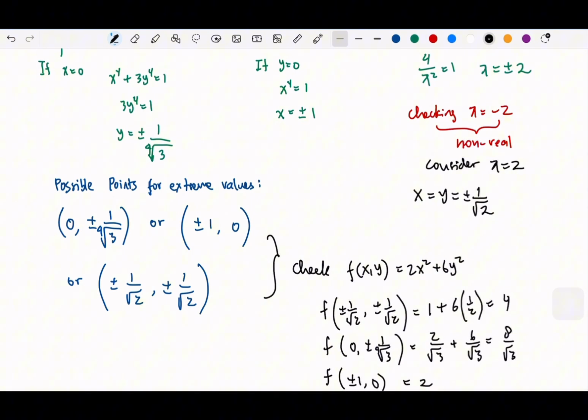Oh wait, this is wrong. I'm writing this as 0. And this is 2, so this will be the maximum. This will be the minimum. Okay.